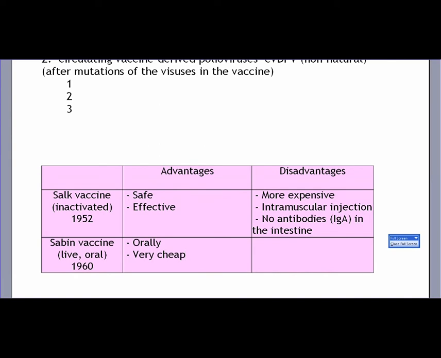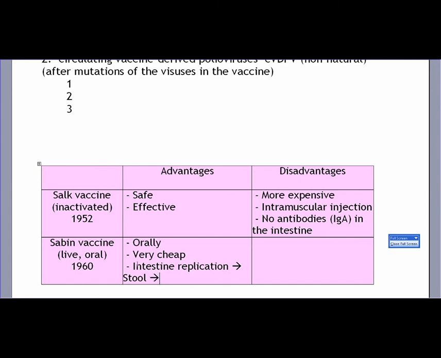Very cheap. And a very important advantage, because this vaccine is given orally, the vaccine is a virus, and this virus is alive. Because the vaccine is given orally, the vaccine replicates in the intestine. So the vaccine is released in stool.